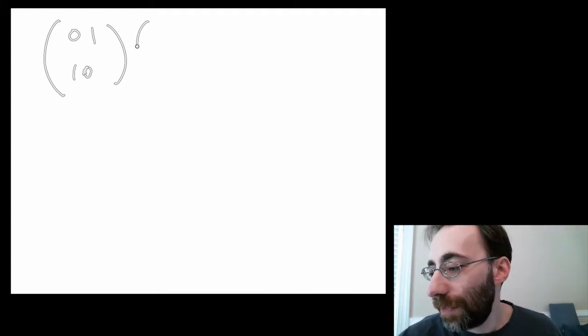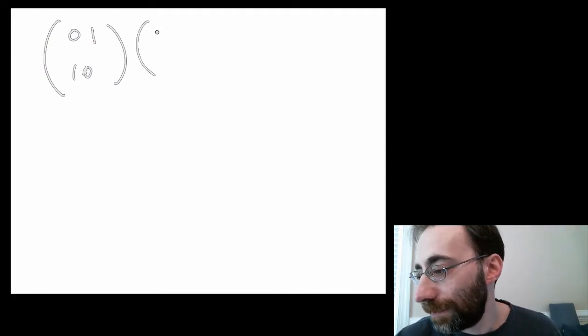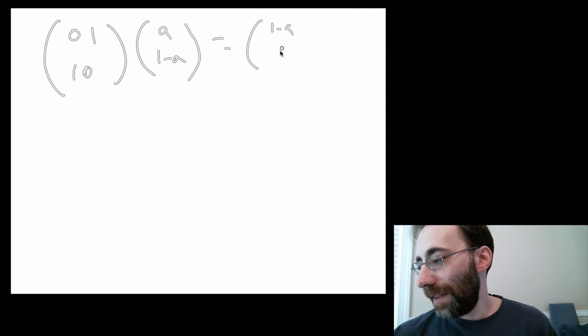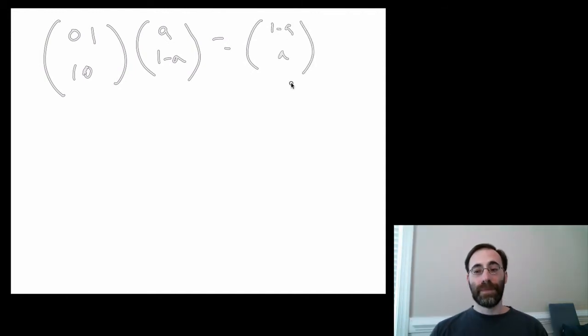Well, if this is, say, A, and this is 1 minus A, then it ends up making this 1 minus A and this A. Right, so they flip. This goes on forever, right? In every single period, the state will flip. The chance of being in state A will become the chance of being in state B, and vice versa, forever. This never ever settles down to anything.